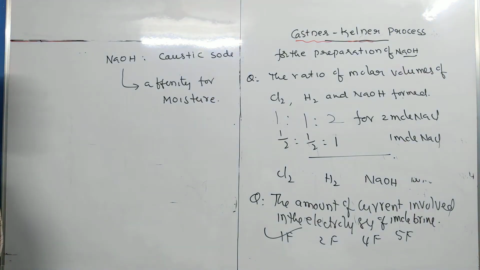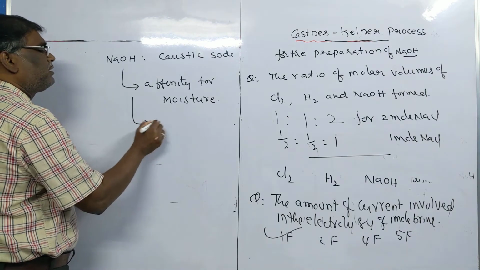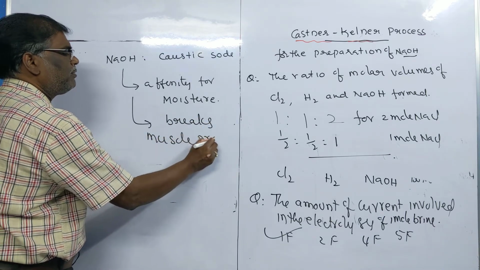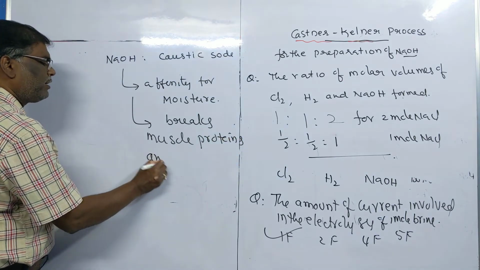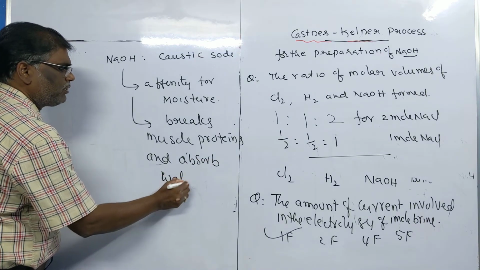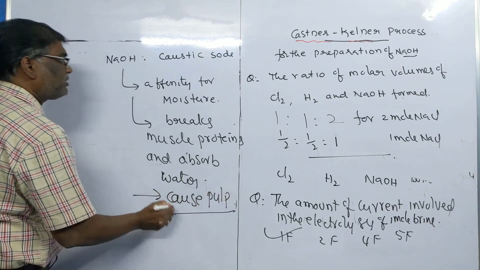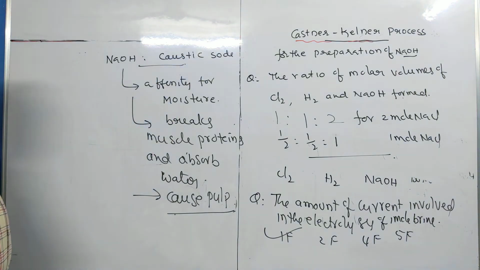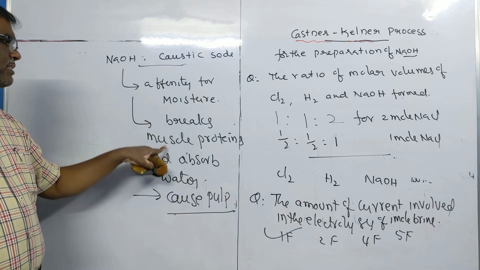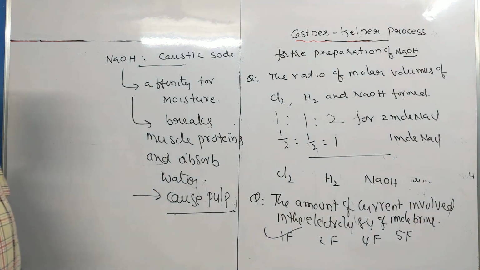When it is dropped on the skin, it breaks the muscle proteins and absorbs water or moisture, thus causing pulp. That's why it is known as caustic soda.